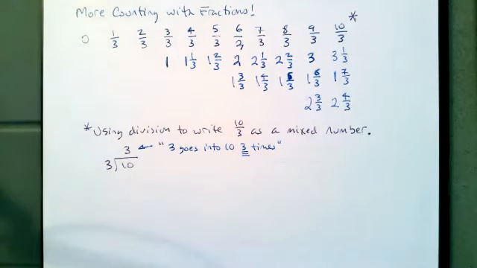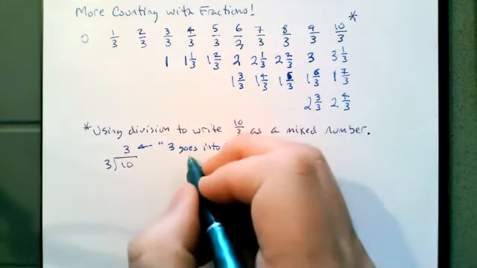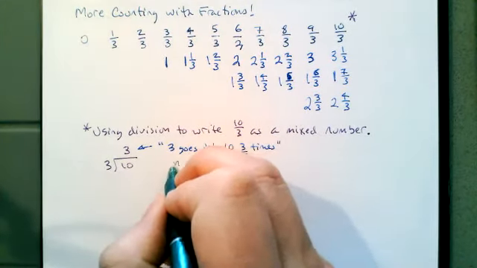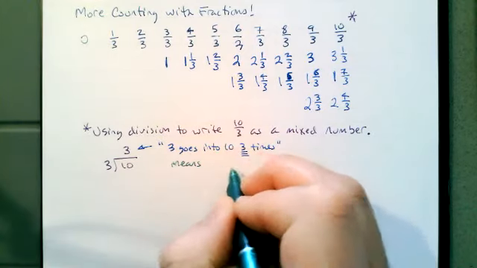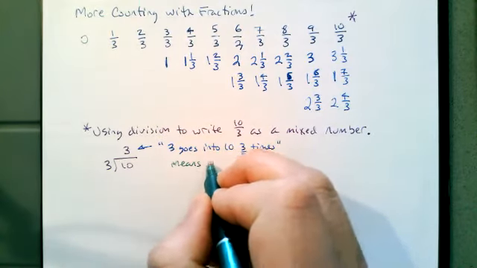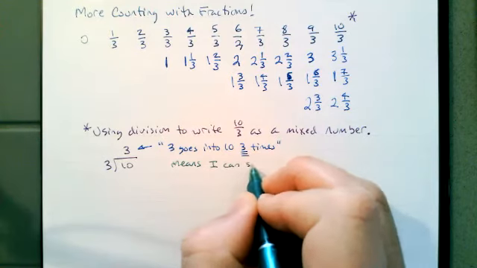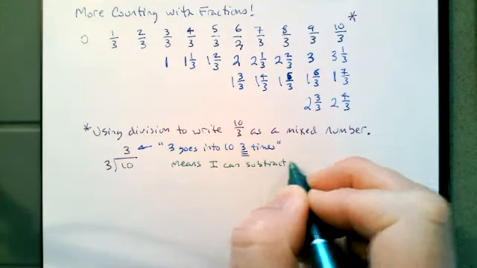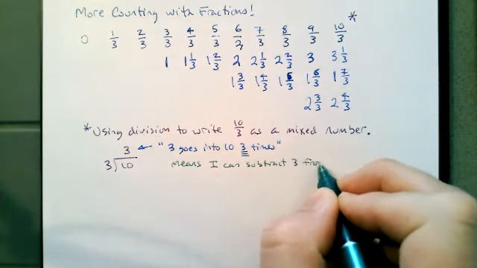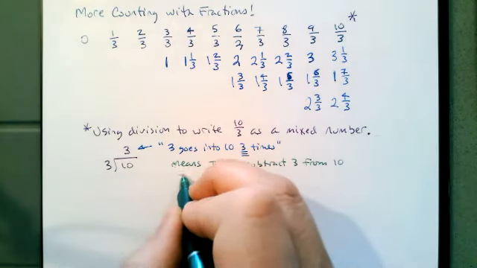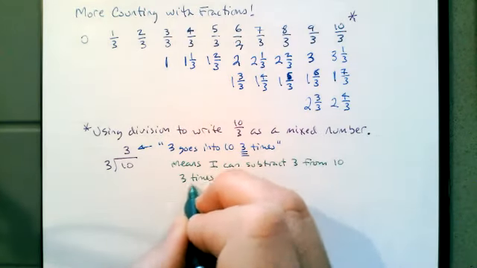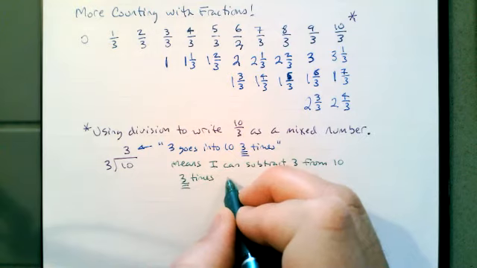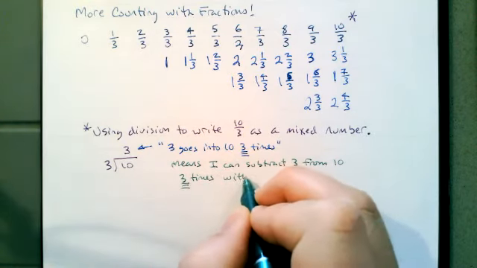But it took me a long time to put it into words. So what this means, I can subtract 3 from 10 3 times before I go negative, without going negative.